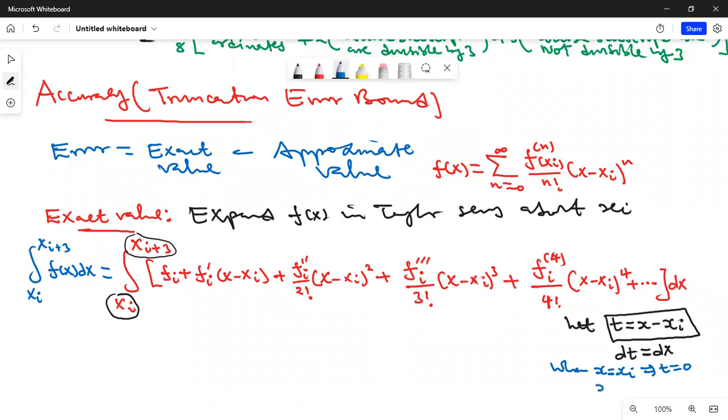And when x is equal to xi plus 3, you see we'll now be having xi plus 3 minus xi, which we said is the same as 3h. Already we had illustrated that, so let's substitute into our integral.